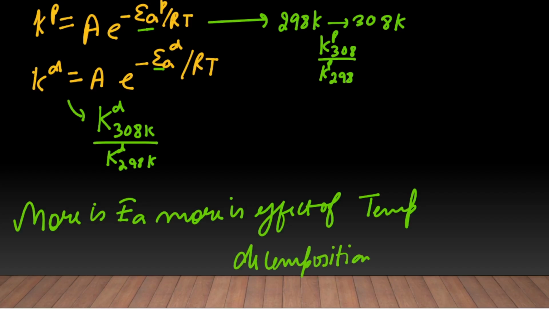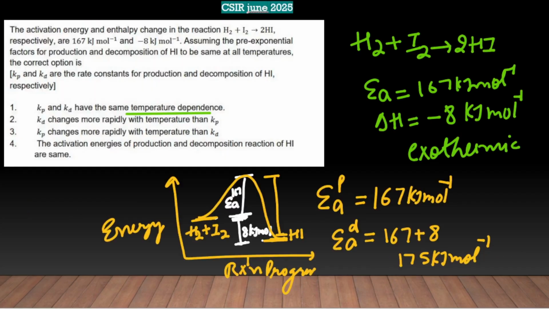Which means for the decomposition, the effect on the rate constants is going to be more as compared to the production one, because we have seen that the activation energy for the decomposition is more as compared to that of the production. Their dependence on the temperature is not going to be the same, right? Next statement says Kd changes more rapidly with the temperature than the Kp.